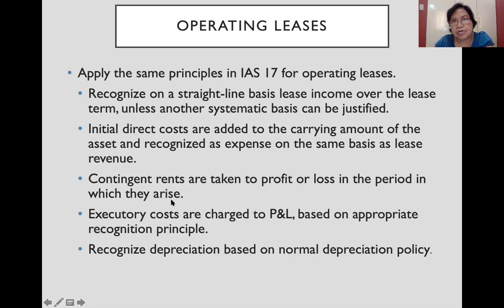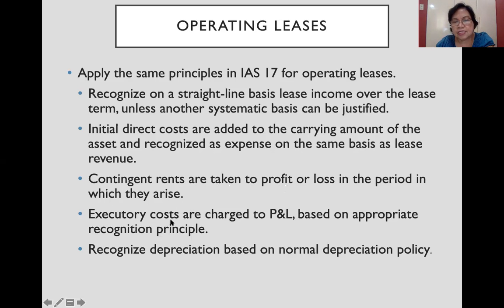So let us say again, if there is a provision in the lease contract that additional rental of, let us say, 500,000 will accrue to the lessor if revenue of the lessee exceeds, let us say, 100 million for a period. So if the revenue exceeds 100 million, then you have to pay for that additional rental. So that additional rental is taken to profit or loss in the period in which they arise.